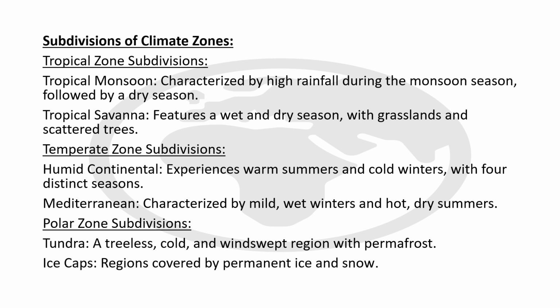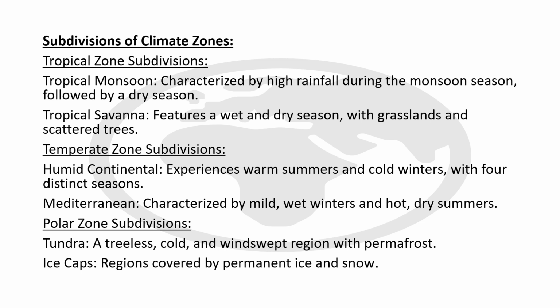Tropical zone subdivisions. Tropical monsoon, that is characterized by heavy rainfall during the monsoon season followed by a dry season. Tropical savanna features a wet and dry season with grassland and scattered trees. And the temperate zone subdivisions are humid continental, which experiences warm summers and cold winters with 4 distinct seasons.